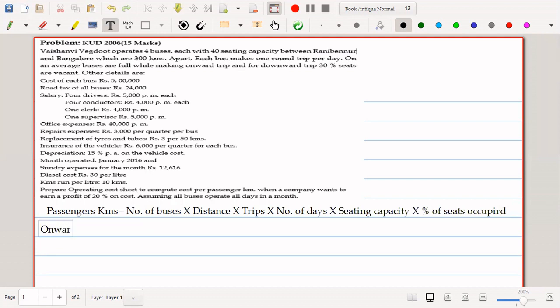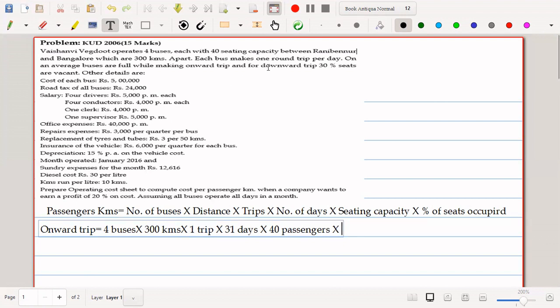That is while going from Ranebennur to Bengaluru, the onward trip is equal to number of buses given in the problem, 4 buses, into 300 kilometers distance, into 1 round trip, meaning going and coming back, that is 1 trip, into number of days, 31 days, into seating capacity, 40 passengers, and finally percent of seats occupied.